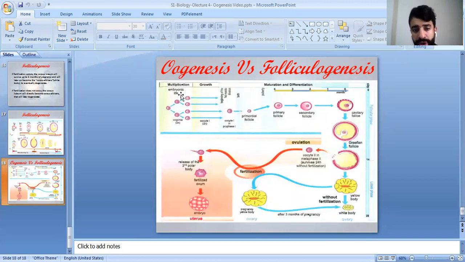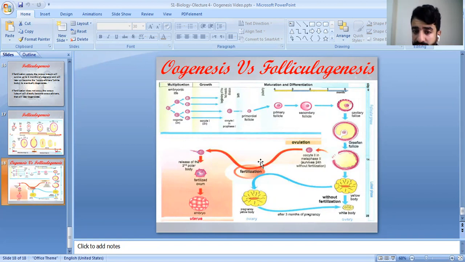As I said, in embryonic life, we have the multiplication phase, the oogonia multiplied, then the growth phase, they all become oocyte 1, and then we have the beginning of the first meiotic division, oocyte 1 blocked in prophase 1. We have primordial follicle, primary, secondary, tertiary, Graafian follicle, where the rupture is at day 14 of the menstrual cycle. At day 14, we have rupture of the Graafian follicle, where oocyte 2 in metaphase 2 survives 24 hours without fertilization.